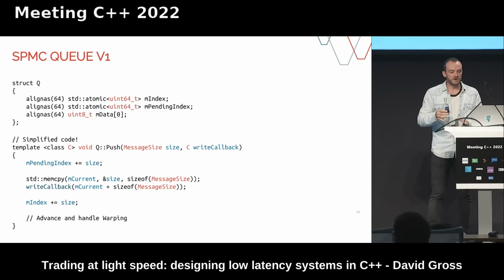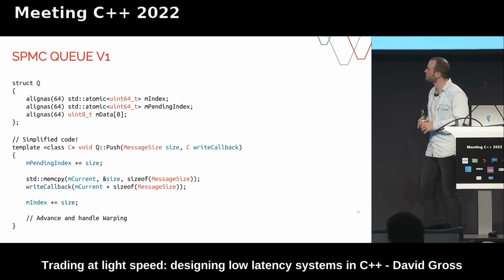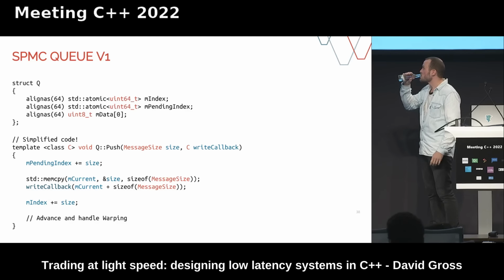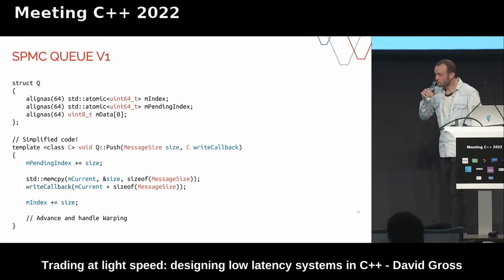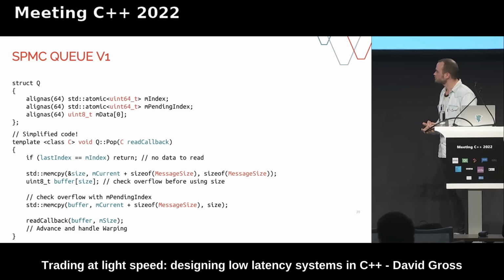And so this is simplified code again. The full code wouldn't really fit on the slide because we need to manage the wrapping of the queue, this kind of thing. But this is how it looks. So why do we have these two indices? The smartness, in a way, is in the reader.